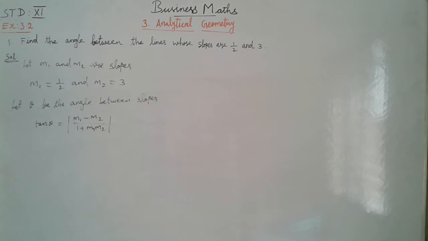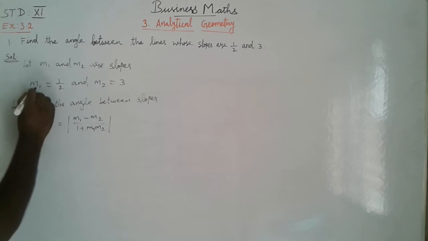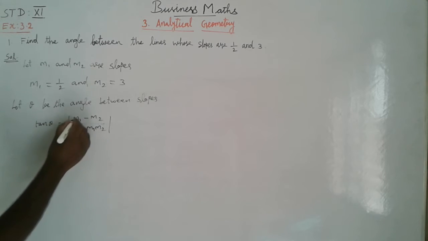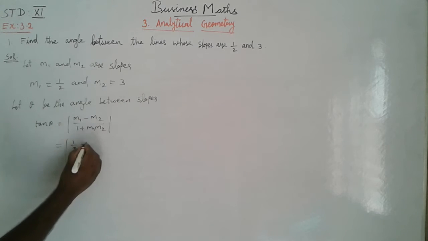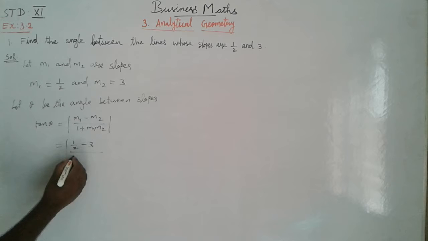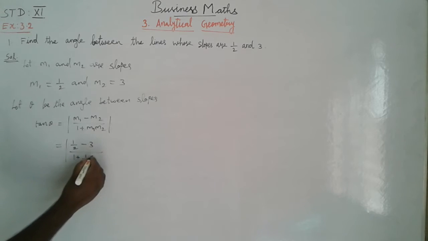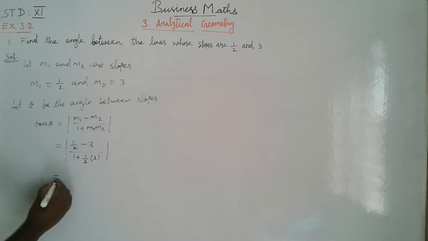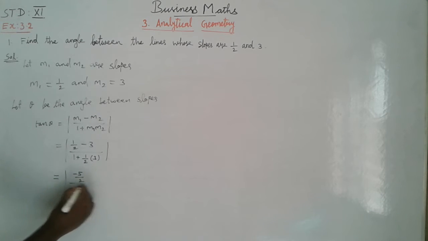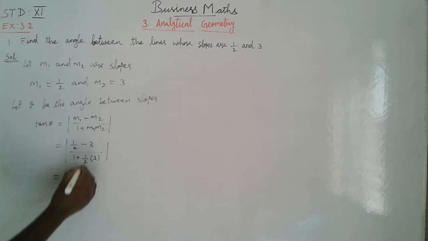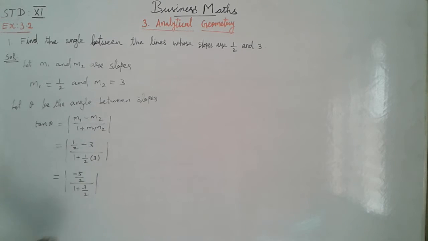Substituting, modulus of (1 by 2 minus 3) divided by (1 plus 1 by 2 into 3). 1 by 2 into 3 is 3 by 2. 1 minus 6 is minus 5 by 2, divided by 2 plus 3 is 5 by 2. So 5 by 2 cancels with 5 by 2, giving minus 1.